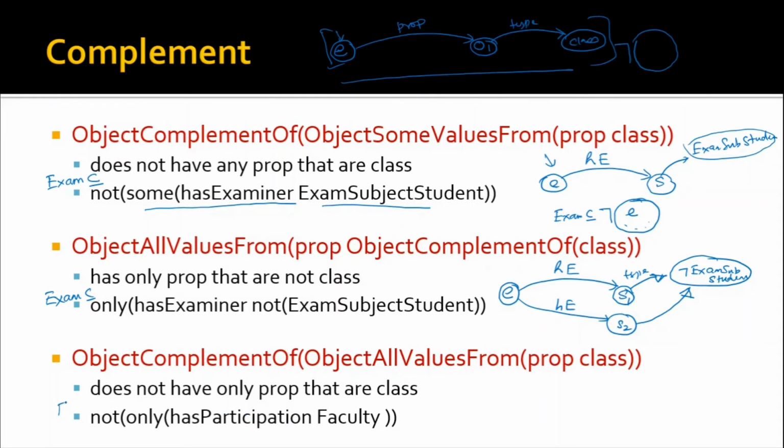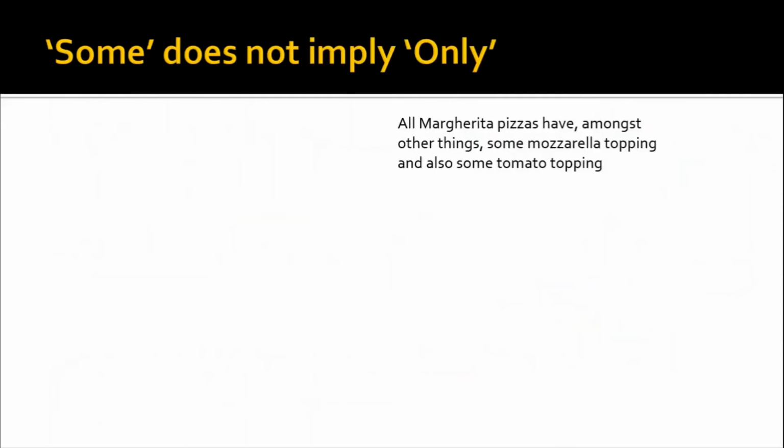So we are saying that exam is a subset of the complement of something that has got only participation of faculty. I guess you can draw a similar kind of visualization here also. So this is how we can combine different restriction modifiers along with the complement construct, and depending on the combination, the semantics of the representation will be different.